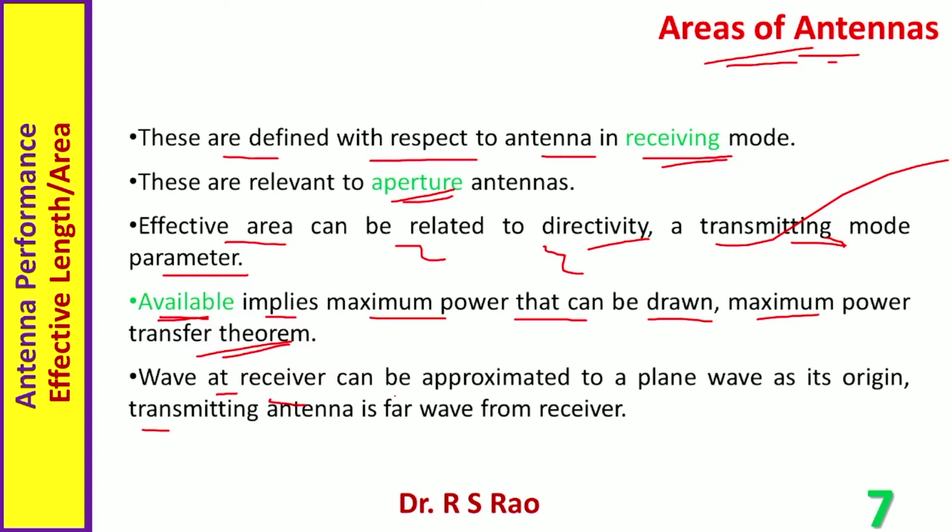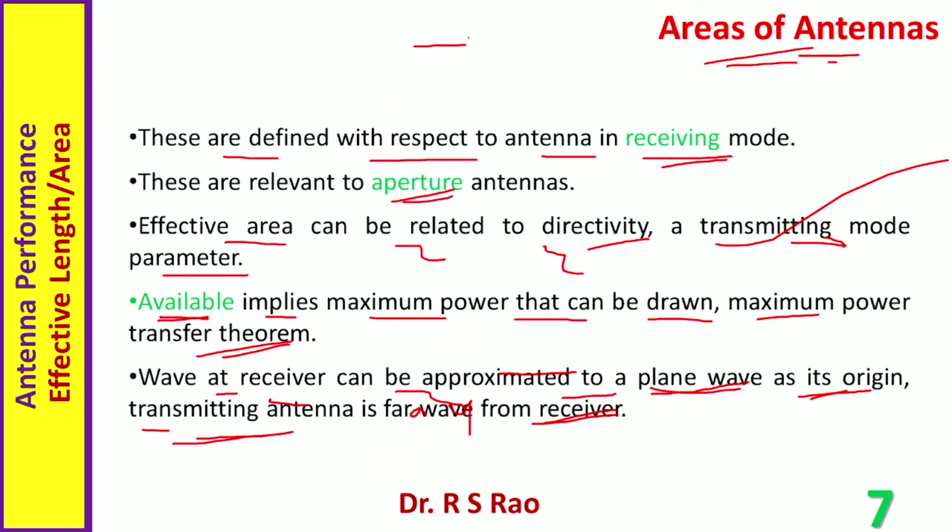The wave at the receiver can be approximated to a plane wave at its origin, as the transmitting antenna is far away from the receiver.